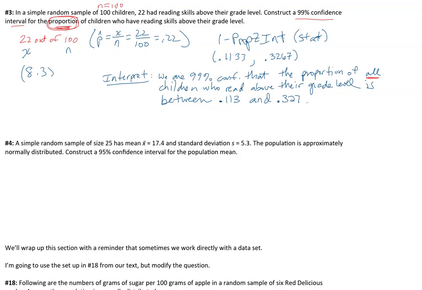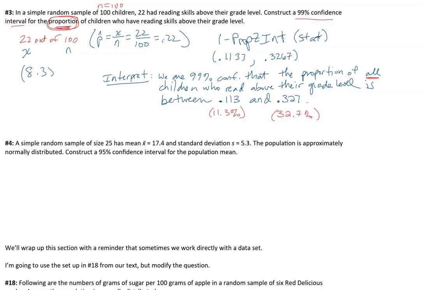So I rounded a little bit, and if you're more comfortable with percents, I don't mind if you change these numbers to percents. So that would be 11.3% and 32.7%. That can be your choice.